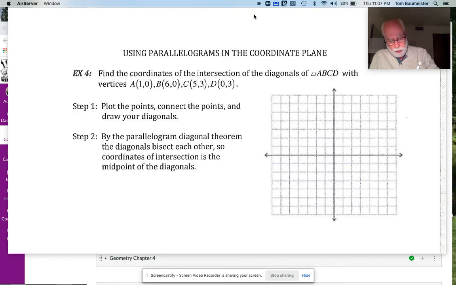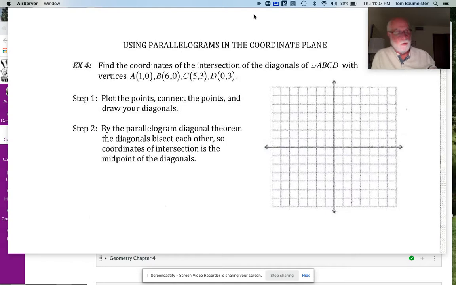So let's go ahead and do that. Let's keep it at blue. I'll use red for my diagonals.